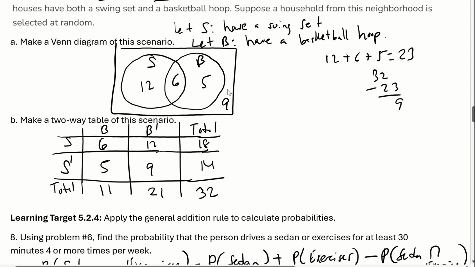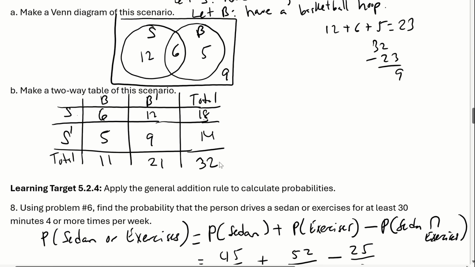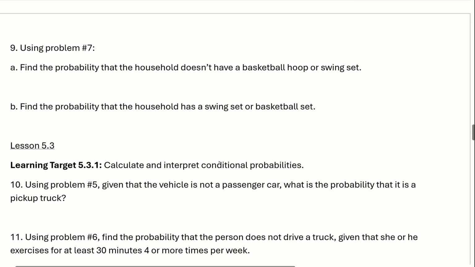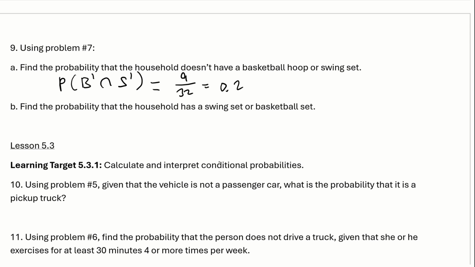Well, that's just 9 people, so it's 9 out of 32. That's pretty straightforward. The probability of B prime and S prime, so no basketball, no swing set, is 9 out of 32, which is 0.281.